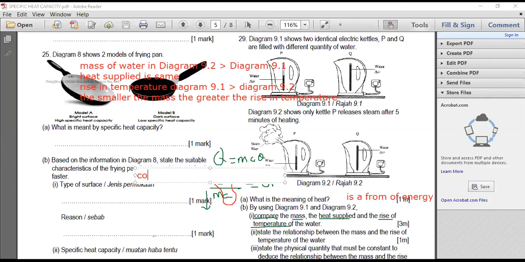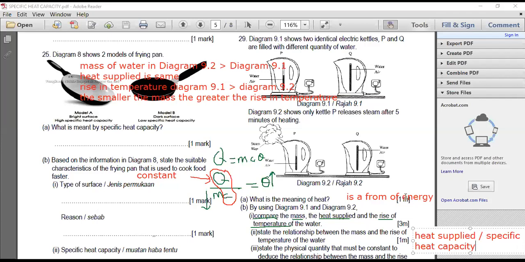Only then can we say when the mass decreases, the change in temperature increases, or when the mass increases, the change in temperature decreases. So the physical quantity that must be constant is heat supplied or specific heat capacity. These two must be kept constant.